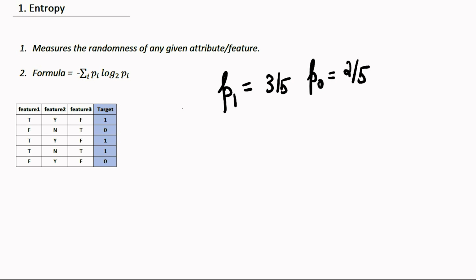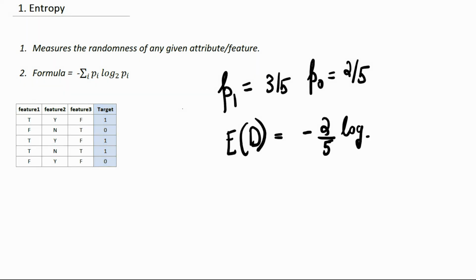If we try to find out the entropy of the entire data set, this is the entropy not of an attribute, but of the entire data set. It is equivalent to minus 2 by 5 log to the base 2 of 2 by 5, minus 3 by 5 log to the base 2 of 3 by 5.